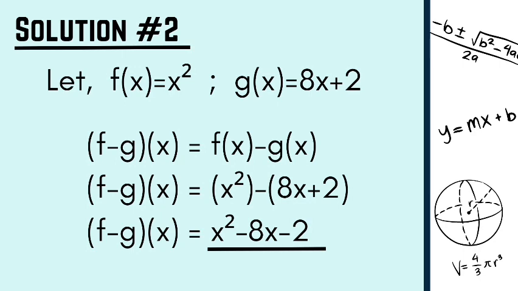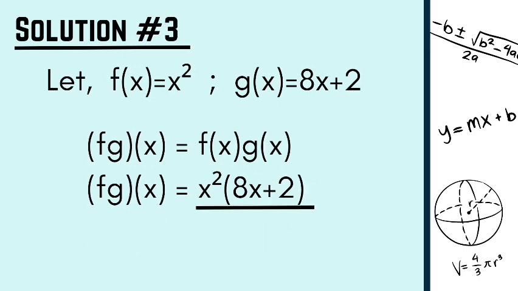So f minus g of x is equal to x squared minus the quantity 8x plus 2. So f minus g of x is equal to x squared minus 8x minus 2.